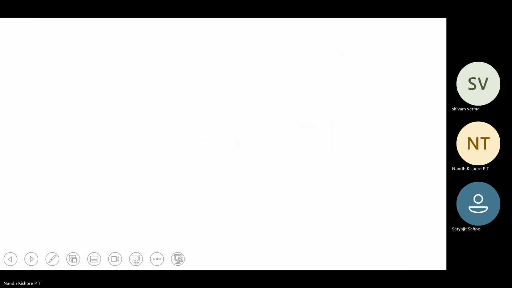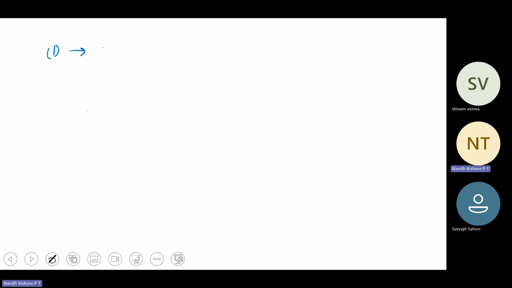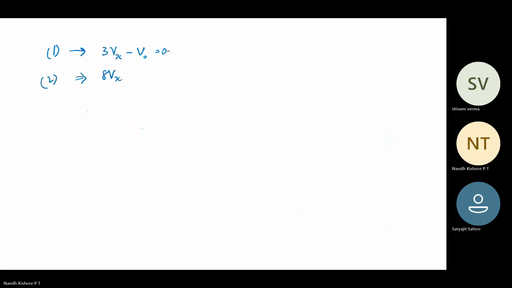So you have got one equation, that is 3Vx minus V naught equal to 0. The other equation is 8Vx minus 2V naught equal to 25, right?